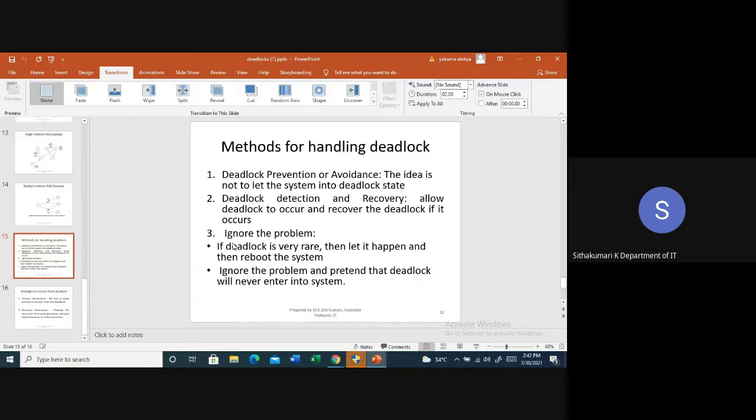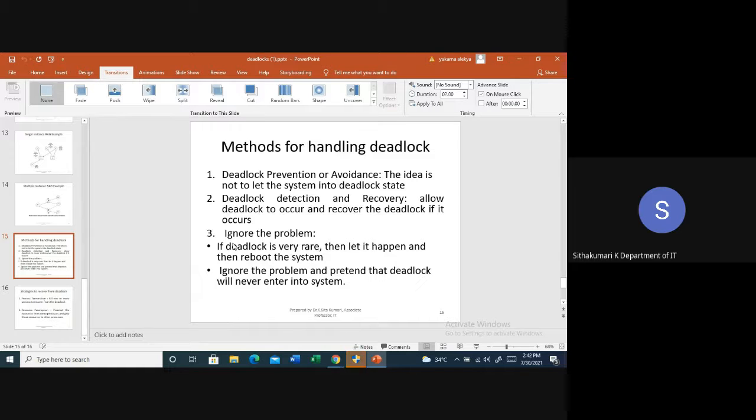Similarly, in deadlock avoidance, we have the banker's algorithm, so that deadlock will never enter into the system. For that reason, we develop a safe sequence. A safe sequence means in some order or the other, we want to execute and complete all the processes avoiding the deadlock.